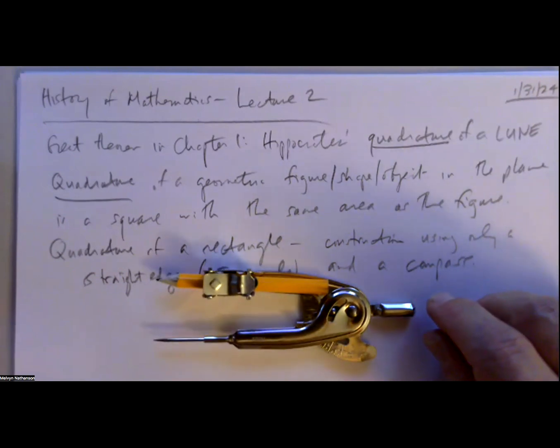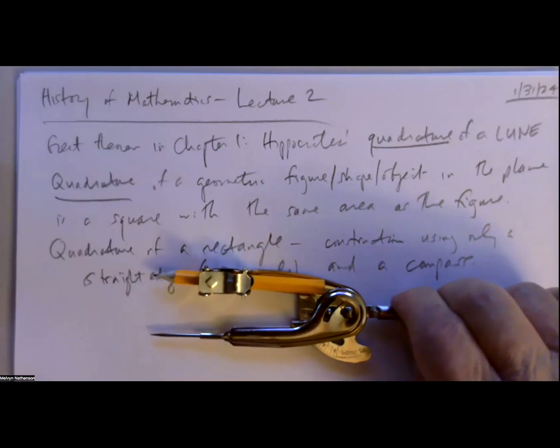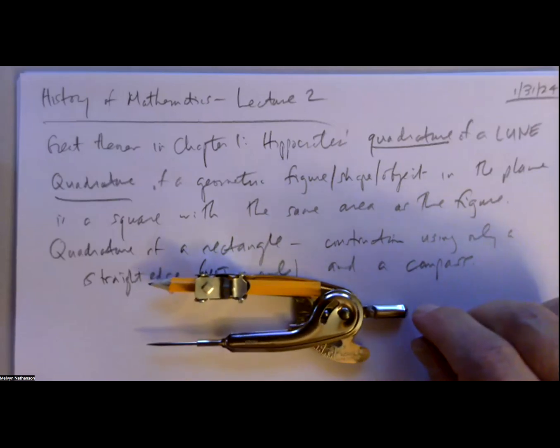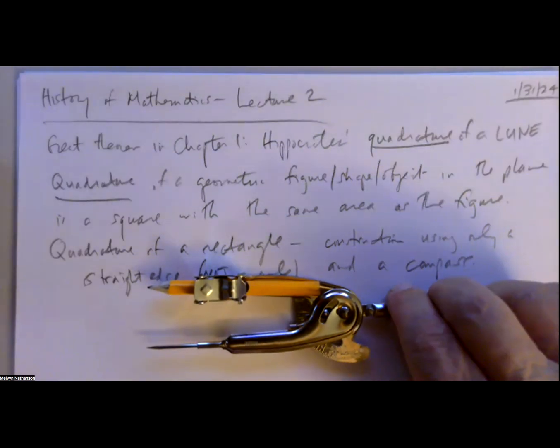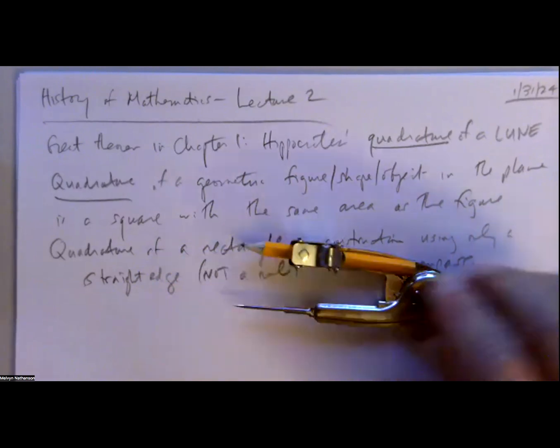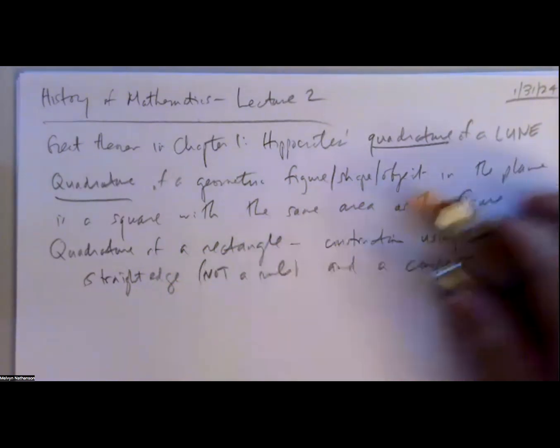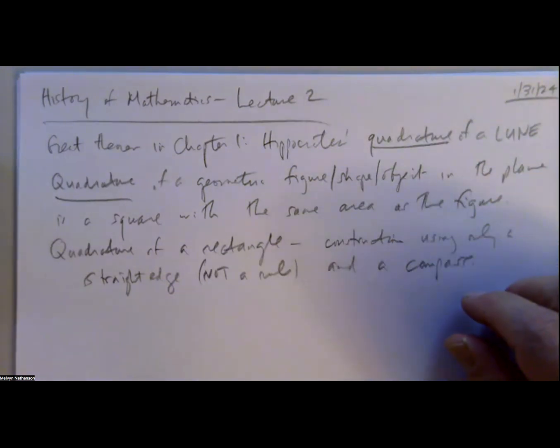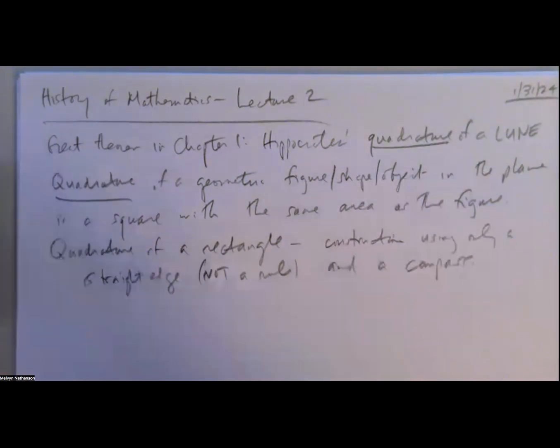Just to test the system worked, I ordered this compass on Amazon. It was delivered the next day, yesterday, and it cost $2.59. That's pretty good. So let me see if I can use this compass to carry out the quadrature of a rectangle.